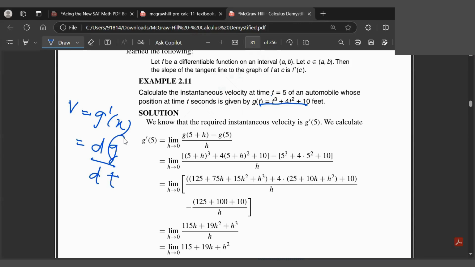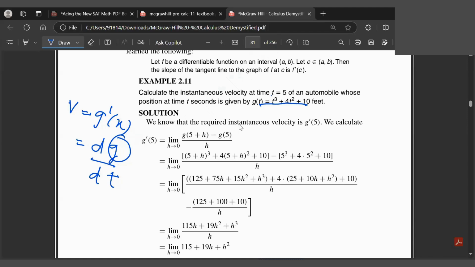Here g is distance, or we can say position. Do you know the formula that velocity is equal to distance upon time, or position upon time? From that we have the formula that differentiation of position will give the value of velocity, right?